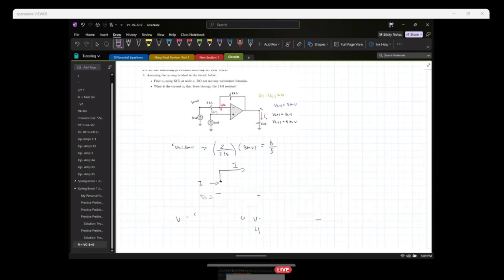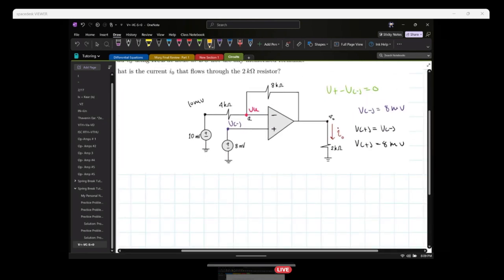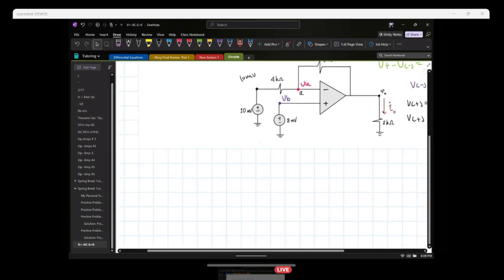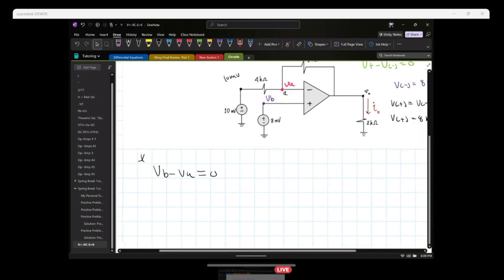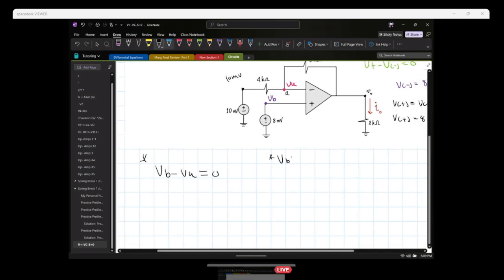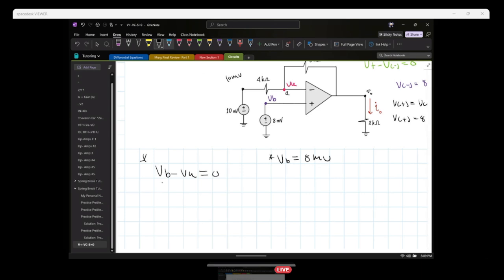Here, this is how it goes. So VB, you have the ideal equation. You know that VB is equal to the volts, meaning that this just gives you no VA.